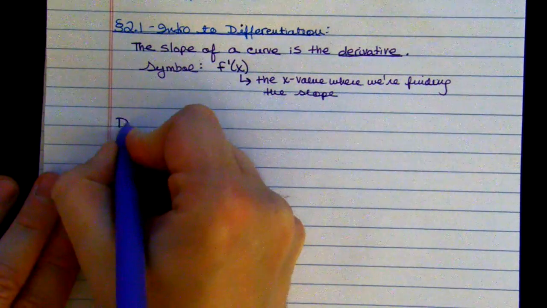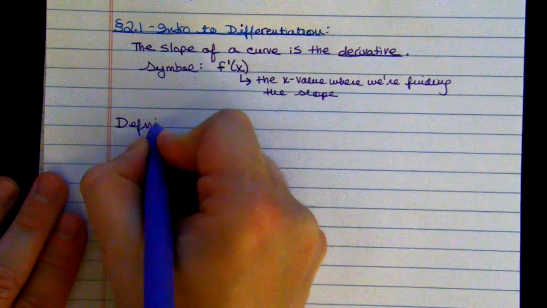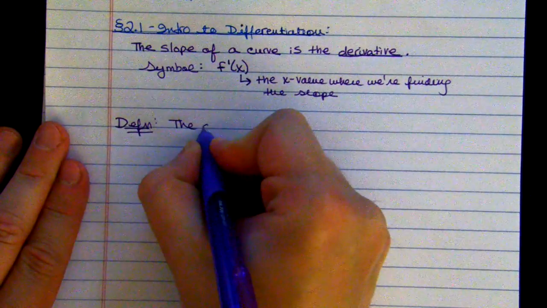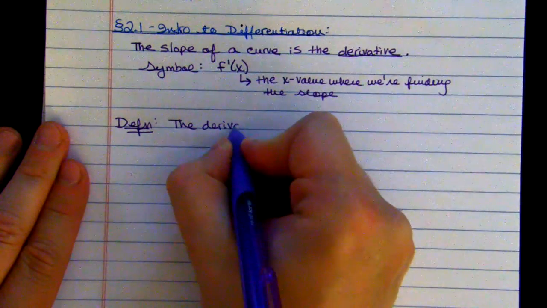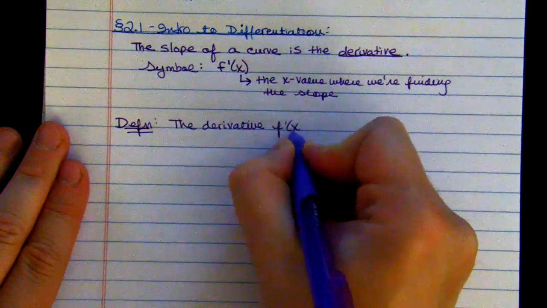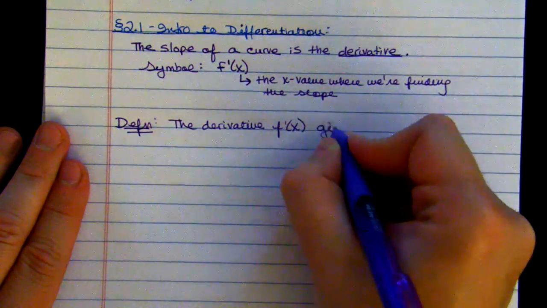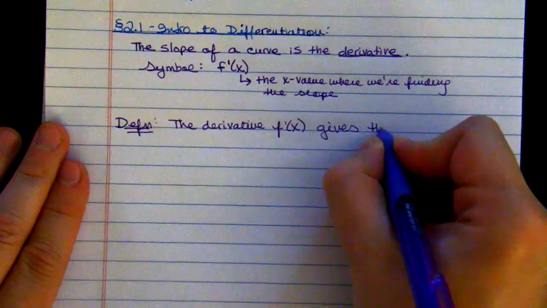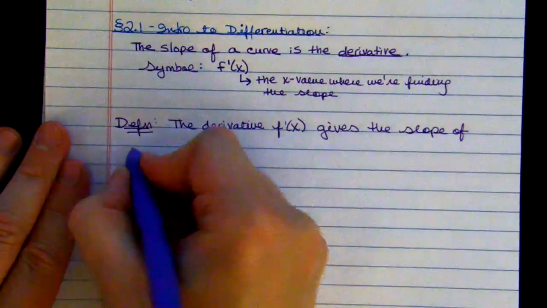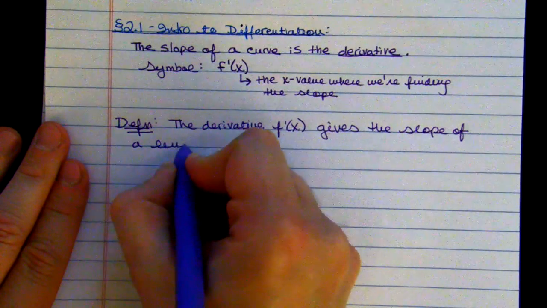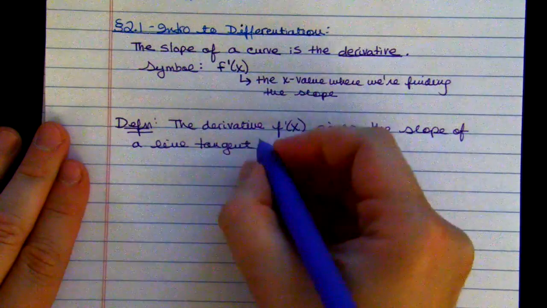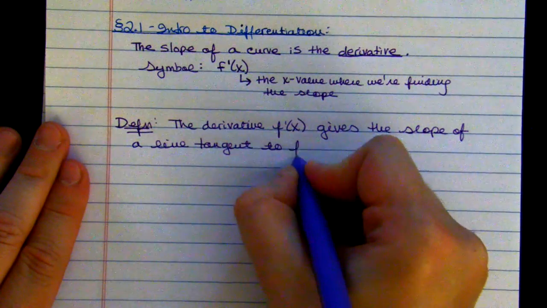Here's our better definition. Definition: the derivative, f prime of x, gives the slope of a line that is tangent, touching in just one point, to f of x.